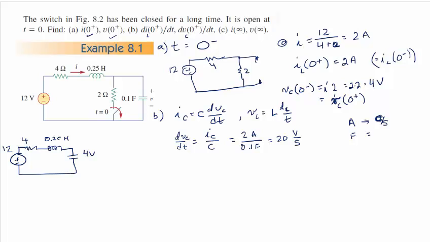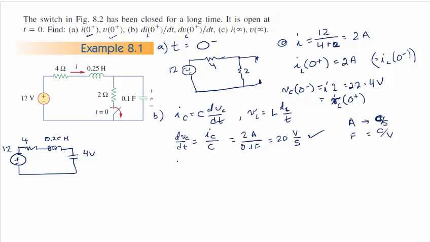Sometimes my pen disappears, especially when it's late on Sunday night. So a farad is a coulomb per volt, and so amps divided by farads will be a volt per second. So those units are true.